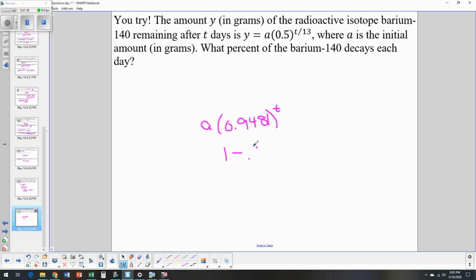And if I do 1 minus that, I get 0.0519. Turning that into a percentage, move it over twice, 5.19%. All right, and that's it for this part of 6.1.